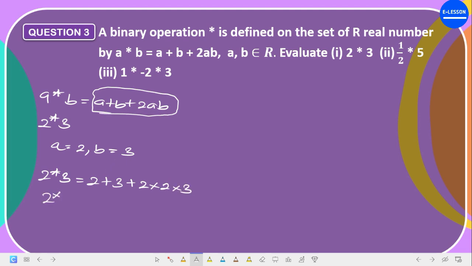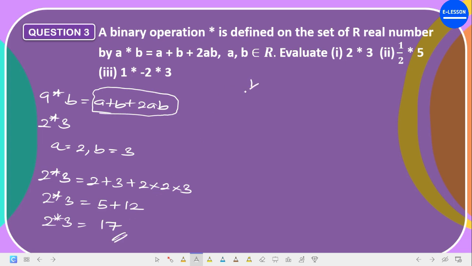And this gives us 2 asterisk 3 will be equal to 2 plus 3 is 5, plus 2 times 2 is 4, 4 times 3 is 12. And this gives 5 plus 12 is 17. So the answer here is 17.